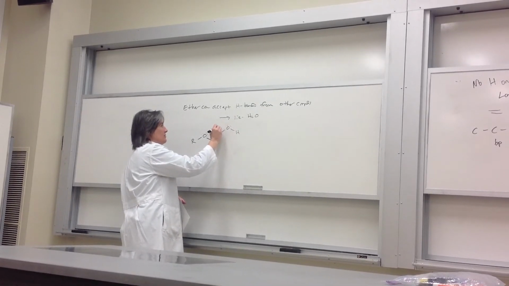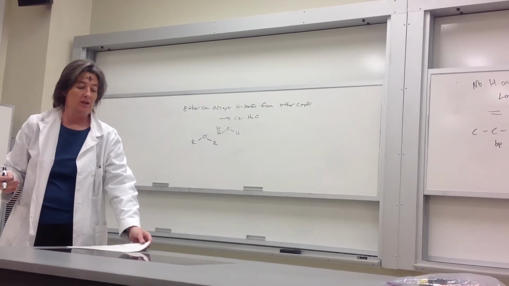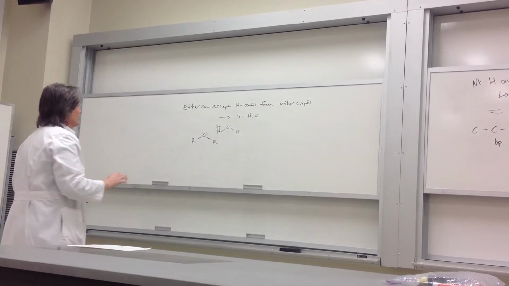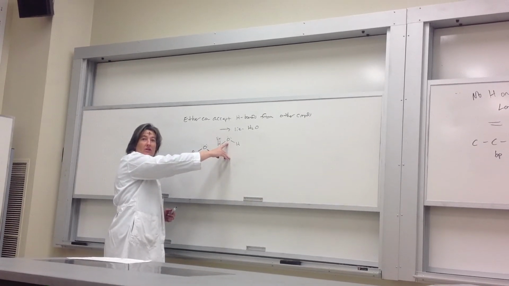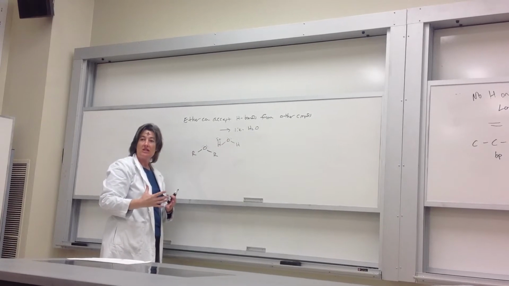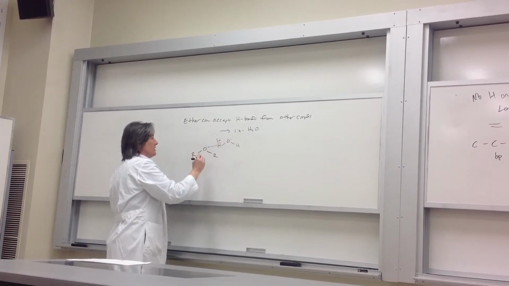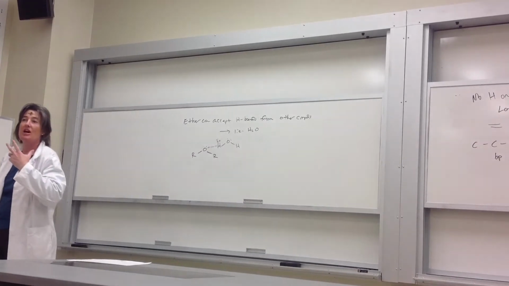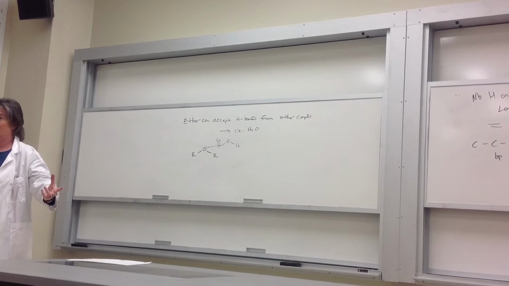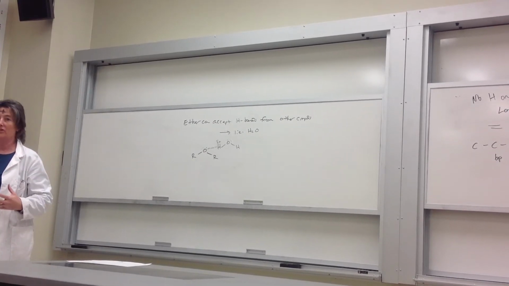This hydrogen, remember, has a big delta plus, and that's what made it want to hydrogen bond with things. So this hydrogen could find another water molecule and hydrogen bond with it. Or if you mix the water and the ether together, this hydrogen could come over and donate a hydrogen bond to ether. Ether can't offer a hydrogen bond back. Okay, it's not a hydrogen bond donor, but it can be a hydrogen bond acceptor.